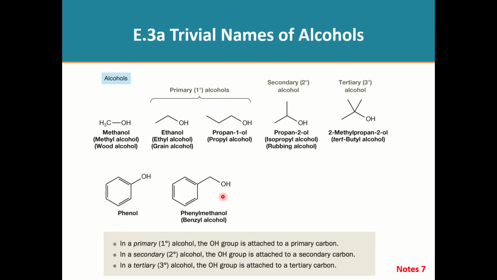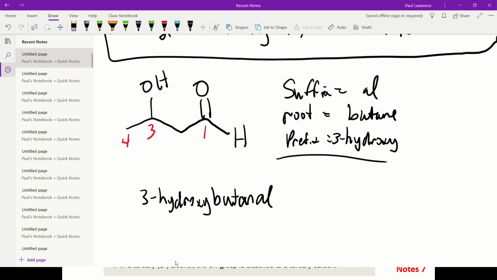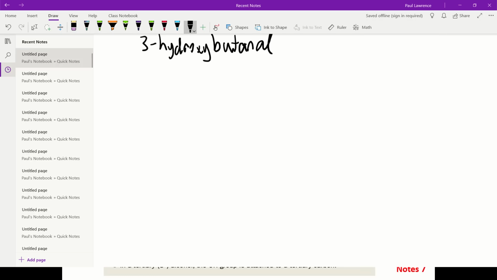But what you do need to be able to do is to identify if the alcohol is primary, secondary, or tertiary. This is a critical skill in order to being able to learn the reactions that we're going to learn. So let's draw 3 alcohols here.